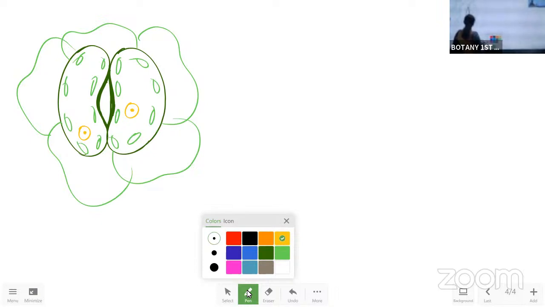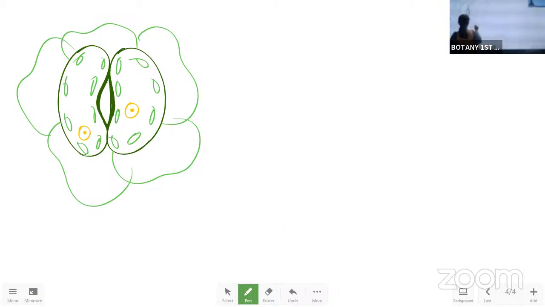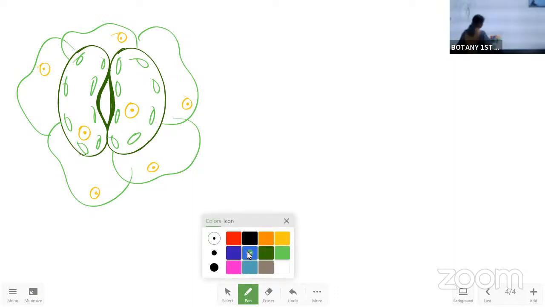After this, what I need to draw. In this also, nucleus. And this also nucleus. So now we will start the labeling part.